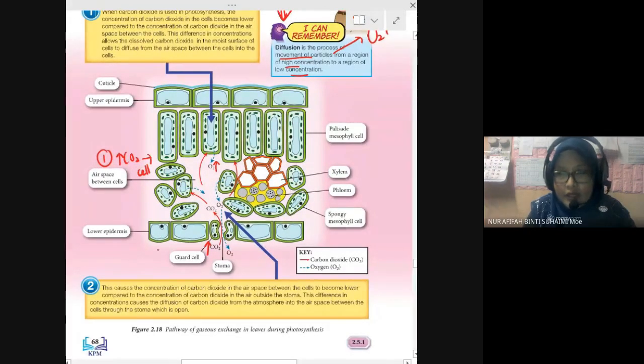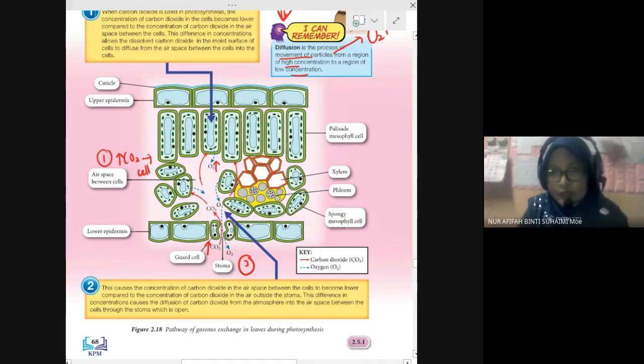Now second, the diffusion of carbon dioxide occurs at the stoma. Number one, at the air space inside the leaf. I write it here: the diffusion of carbon dioxide into the cell occurs in the air space inside the leaf.